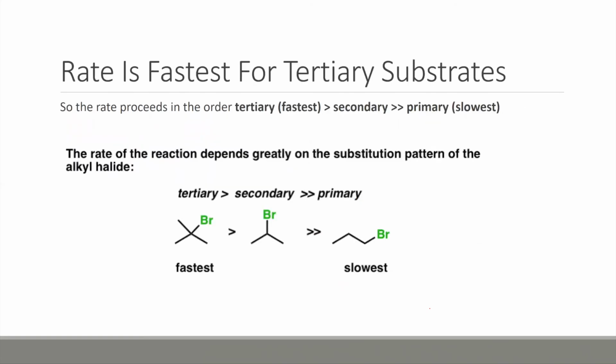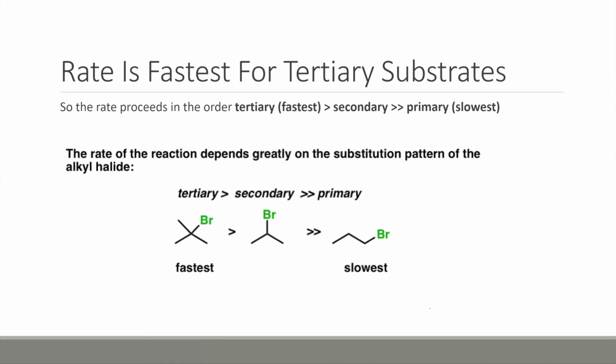Because formation of a carbocation is key to the E1 elimination reaction, just like SN1, the tertiary substituted reactants are going to react faster than the secondary or the primary substituted reactants.